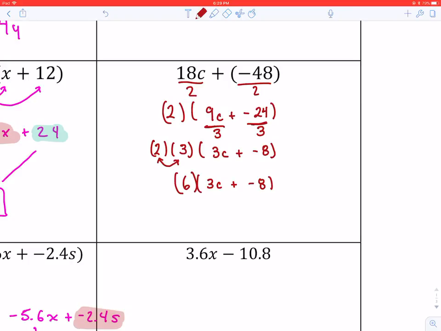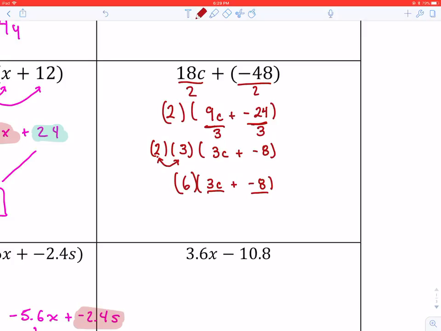To determine the biggest number to pull out, I multiplied the two smaller numbers that I factored out, that 2 and that 3, to get 6. In 3c plus negative 8, there isn't anything I can pull out besides the number 1, because 3 is a prime number and it doesn't go into 8. So that would be my simplest form of this factoring.